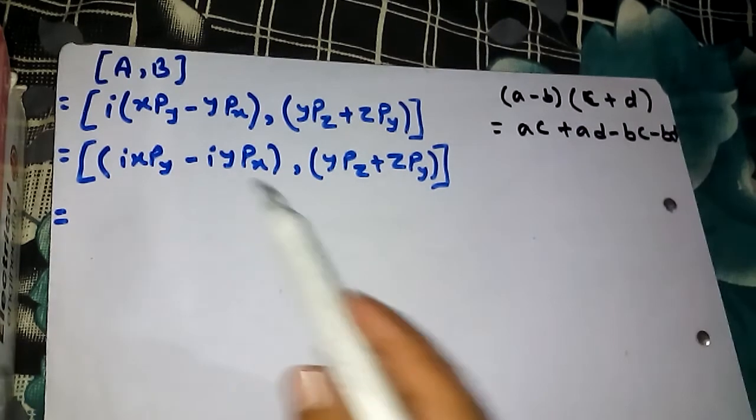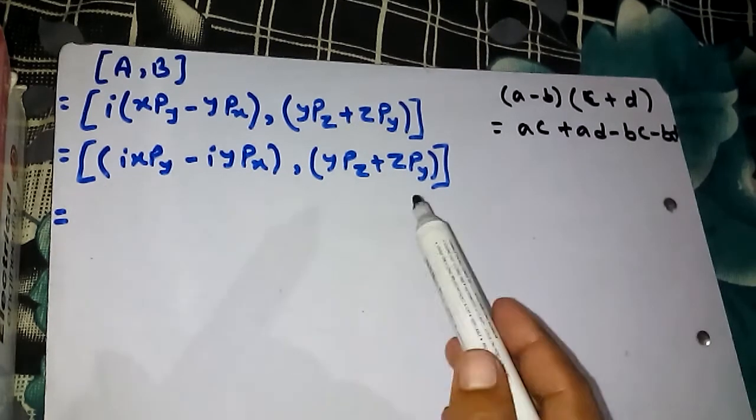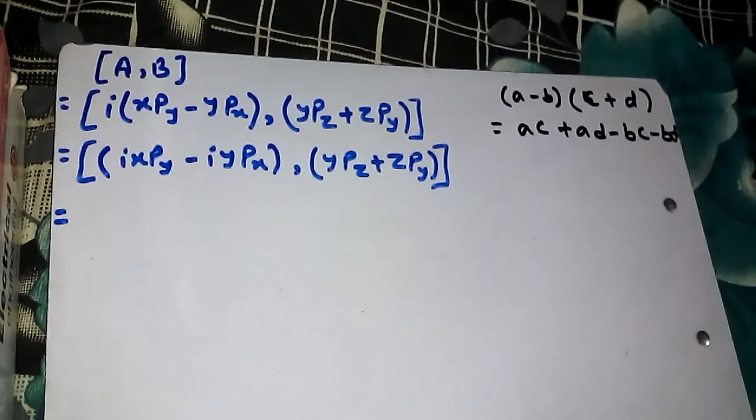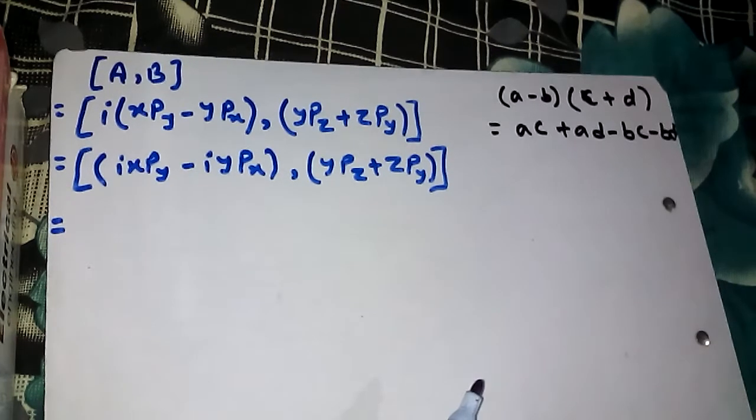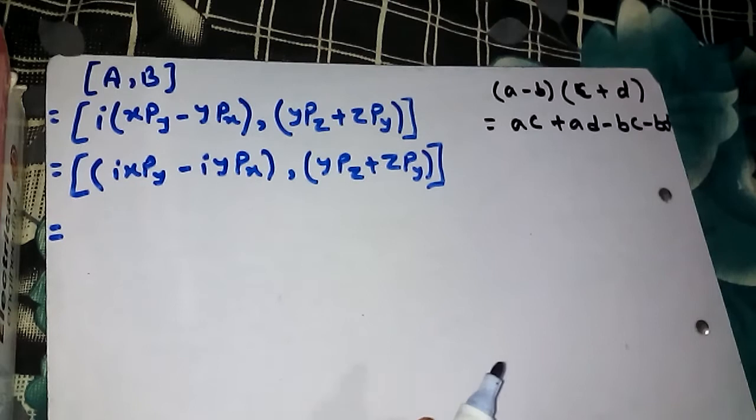In this manner we can distribute this commutation relation into four commutation relations. And why can we distribute this? The reason is that all quantum mechanical operators are distributive in nature with respect to addition or subtraction.